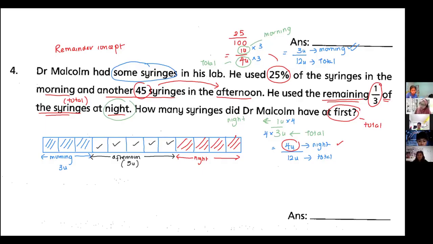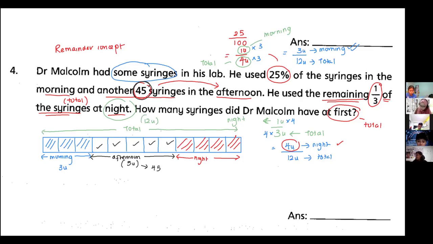Okay, so that 5 unit represents the 45 syringes. Okay, so this is 45 syringes. So how many syringes did Dr. Malcolm have at first? I want to know everything, the total. The total is 12 units.